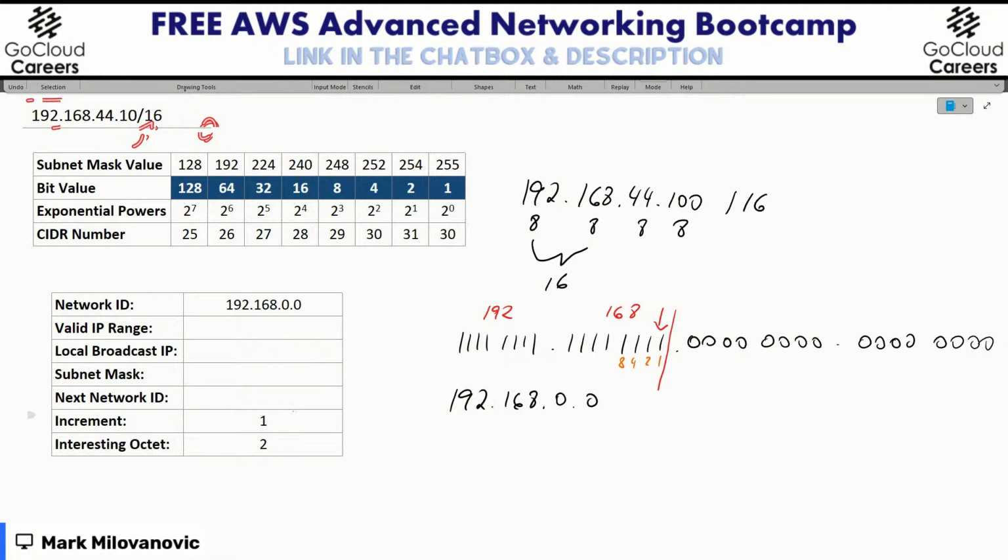I'm incrementing by 1. And in this case, we're incrementing where? It's going to be the second octet, right? So what's my next network?